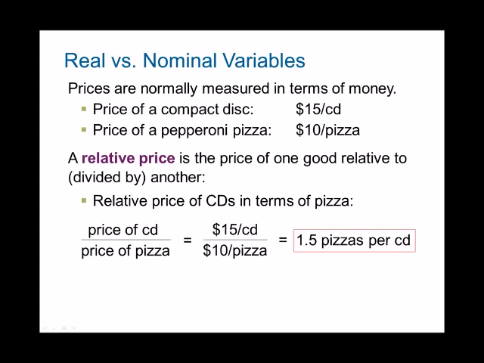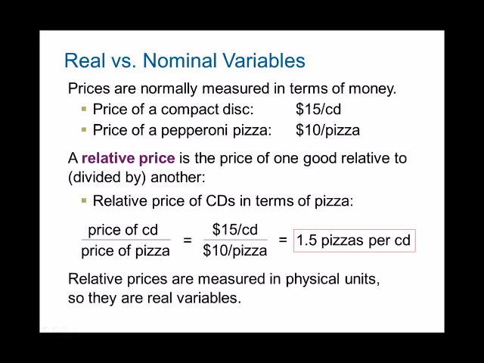So he would convert everything to something that he thought had stable value and then measure everything else's value according to that product, although it's a 7-layer burrito. But he used to do that. So that's what we're doing here too. We're measuring the value of a CD in terms of how many pizzas we have to give up.